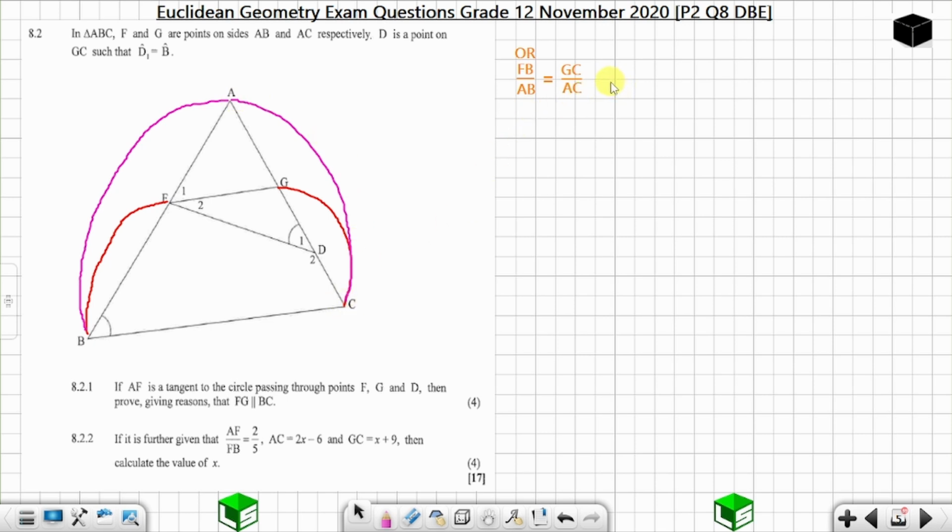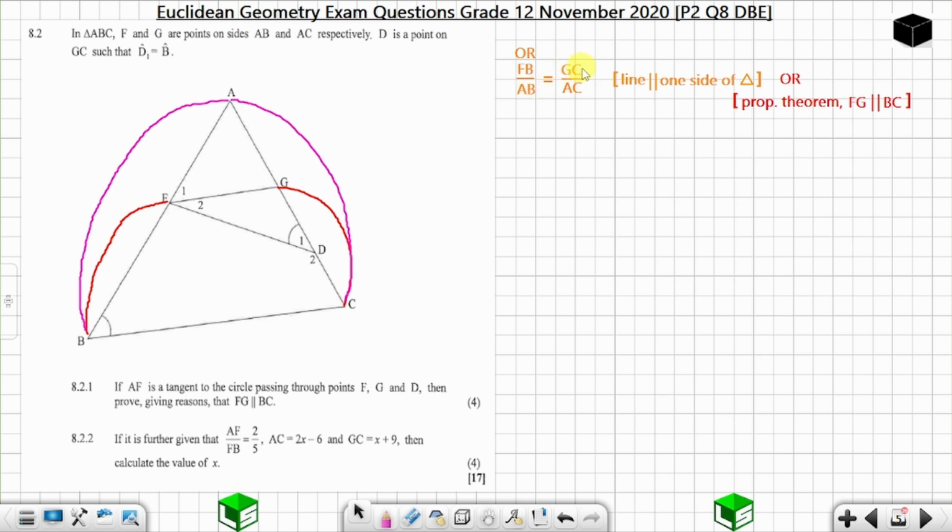The reason you are going to say, because you have a line parallel to one side of a triangle, or proportionality theorem, FG parallel to BC. So FB is equal to 5, AB is equal to 7, 5 plus 2, 7.